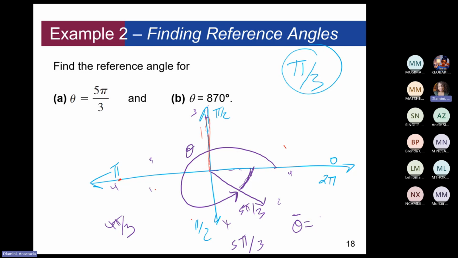So we say 2 pi minus 5 pi over 3, in which we get this pi over 3, this one over here. Are we all together, guys? Yes, ma'am. Thank you.